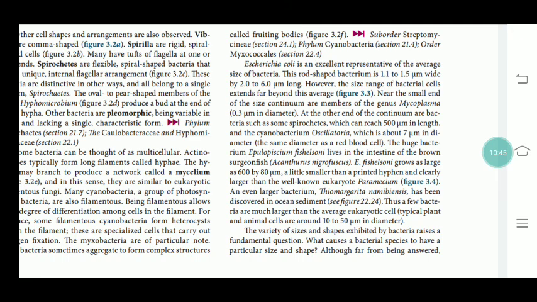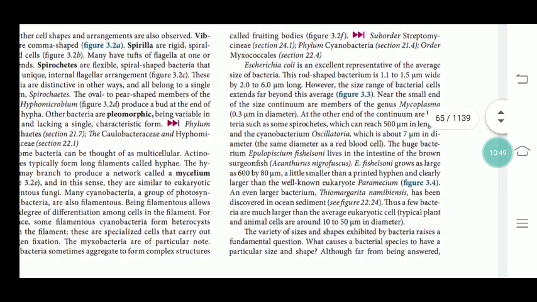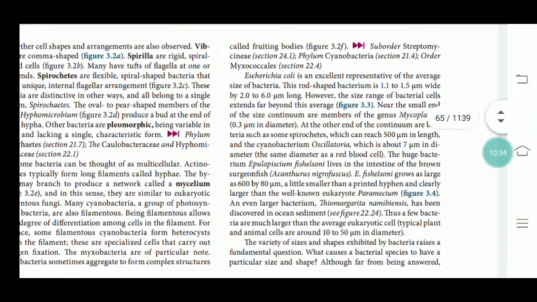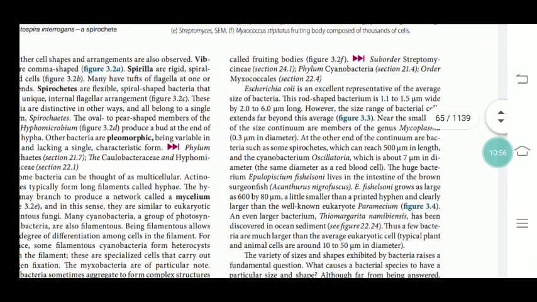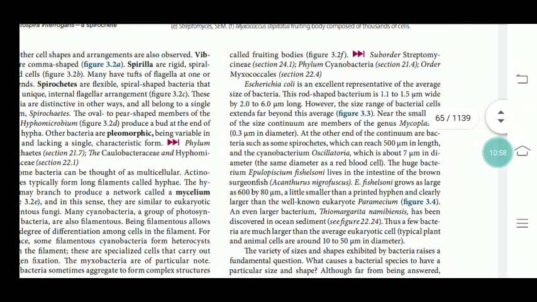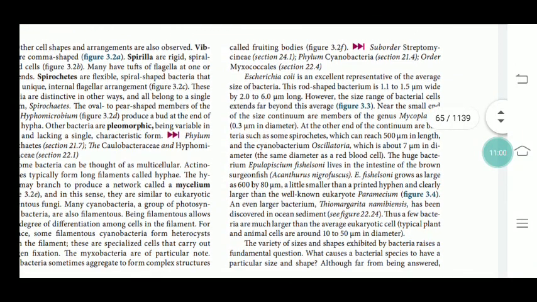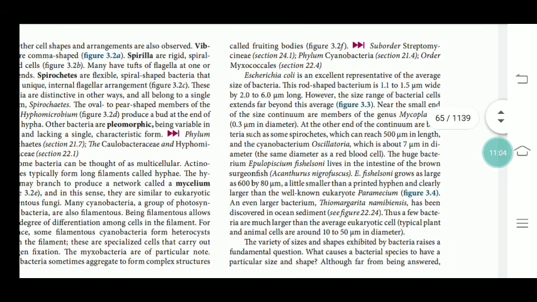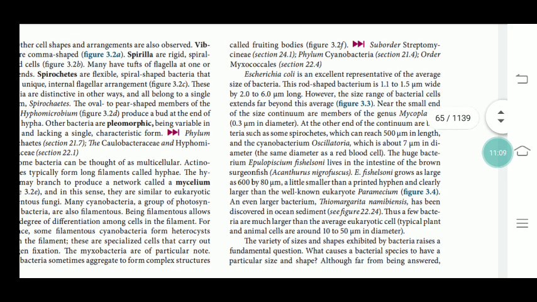Near the small end of the size continuum are members of the genus Mycoplasma, which are about 0.3 micrometers in diameter. At the other end of the continuum are bacteria such as spirochetes, which can reach 500 micrometers in length, and the cyanobacterium Oscillatoria, which is about 7 micrometers in diameter.